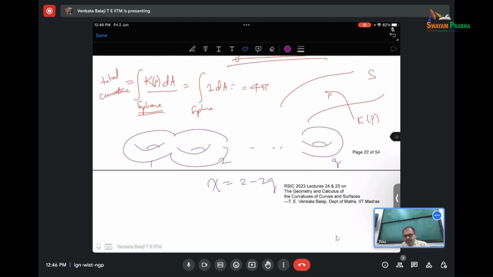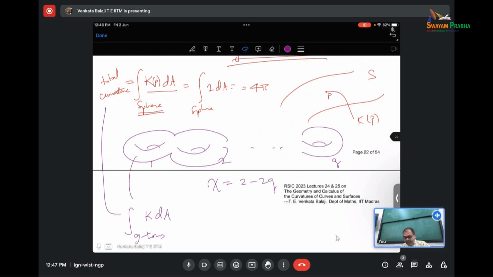And if you calculate the integral over the G torus of the Gaussian curvature function dA, which is the total curvature, okay. Mind you, integration is just summation, and since the point is varying on a surface, it's what is called a surface integral.